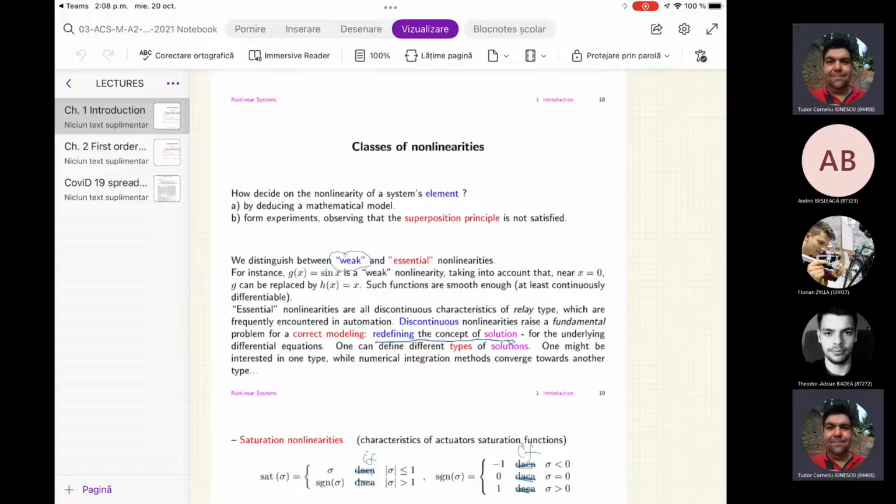Because in this case, we can easily define the concept of solution, and we can actually visualize and analyze such kind of solutions. Whereas in the case of the very strong nonlinearities, depending on the type of nonlinearity, usually you must define a concept of solution every time.